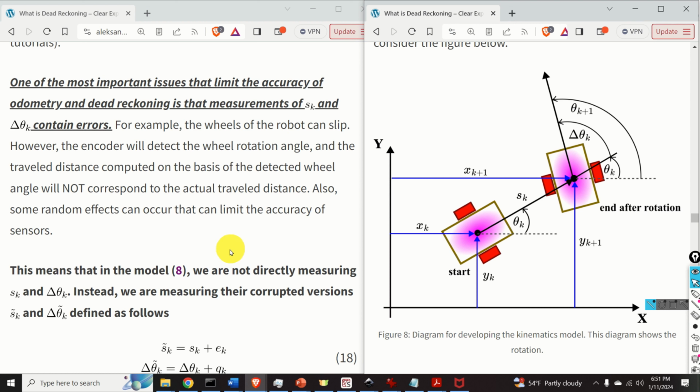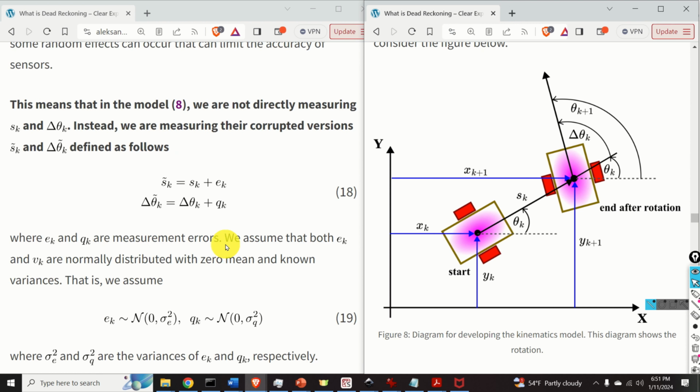Also, some random effects can occur that can limit the accuracy of sensors. This means that in our model, we are not directly measuring sk and delta theta k. Instead, we are measuring their corrupted versions sk tilde and delta theta k tilde that are defined like this.